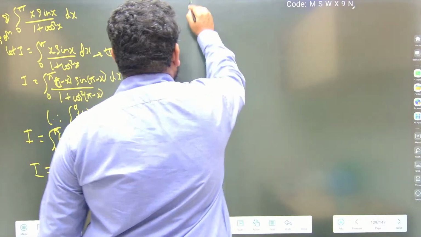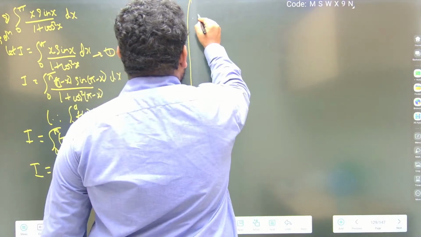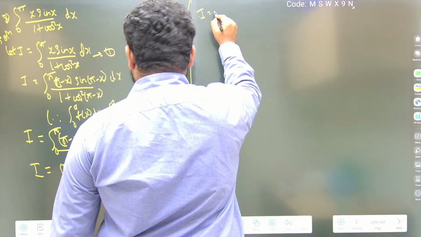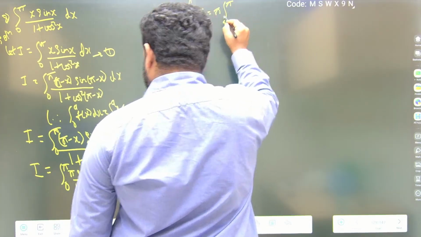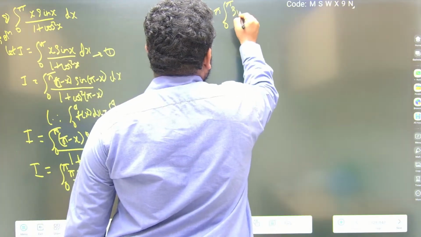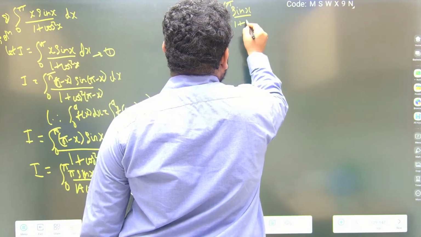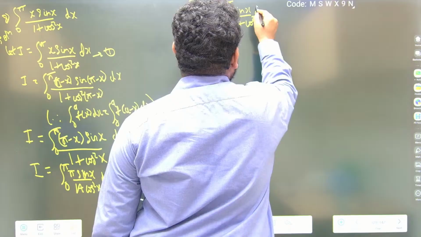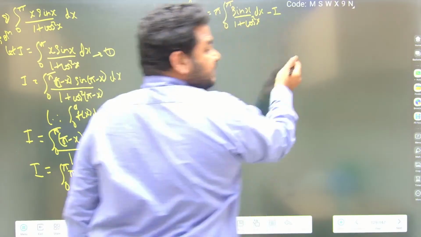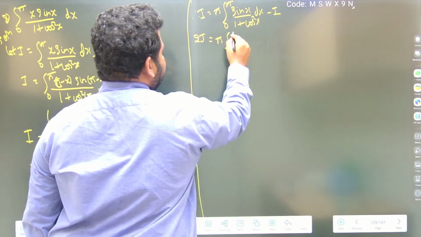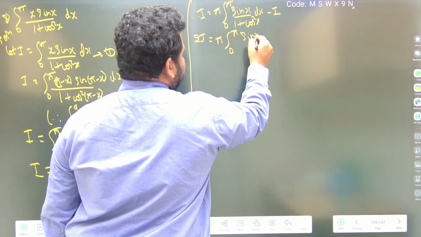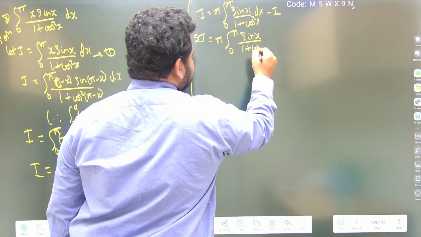Therefore I is equal to pi times the integral from 0 to pi of sin x by 1 plus cos square x dx, minus I. So if I bring this I to this side, this will become 2I. 2I is equal to pi times the integral from 0 to pi of sin x by 1 plus cos square x dx.